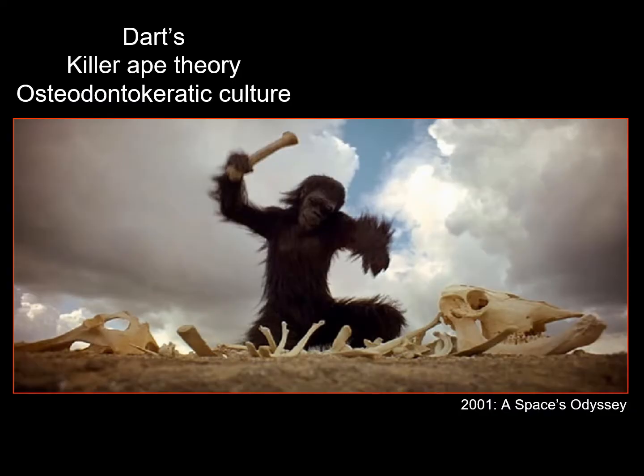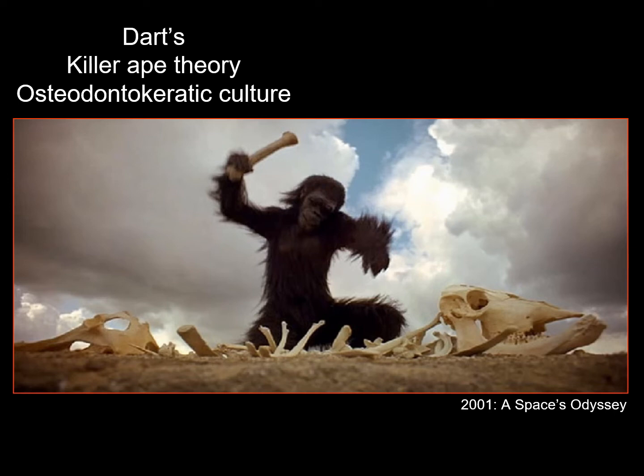So Raymond Dart, in addition to discovering, analyzing, and publishing on the Taung child, also had this other theory, which he called the killer ape theory. So he found all of these bones that Australopithecus africanus was associated with, and he saw a bone was broken in a particular way that had a very sharp edge. He saw the shoulder blades, which looked like they could have been used as shovels because they were flat and wide.